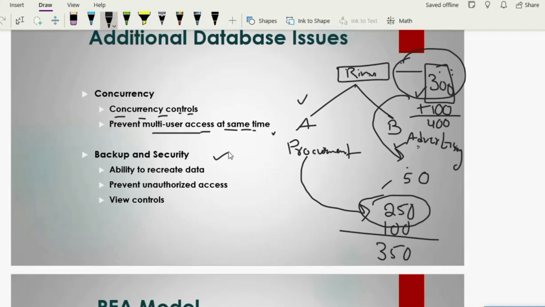Moving on to backup and security. As I said before, the databases contain unique information on a daily basis. Many transactions are happening, and if the data is lost, it can create losses of millions or billions of dollars to the organization. That's why auto backup facilities should be there. It means the ability to recreate the data, just like we take a backup on our hard disk or USB or other drive.